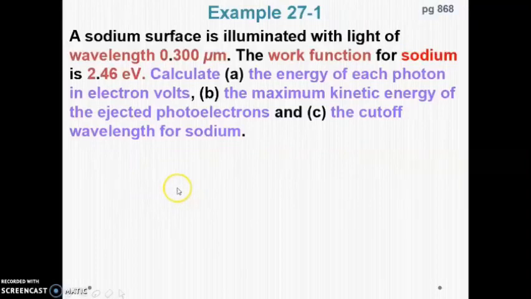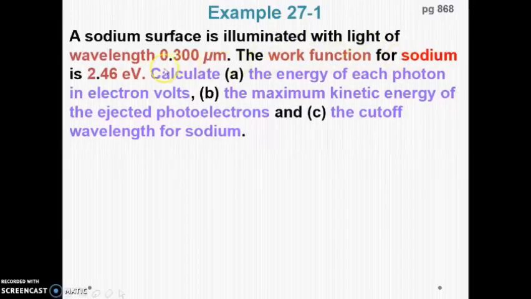Okay, now we go into example 27.1. A sodium surface is illuminated with light of wavelength 0.3 micrometer. The question gives you the wavelength. Then you are given the work function for sodium, 2.45 eV, which should be your phi.